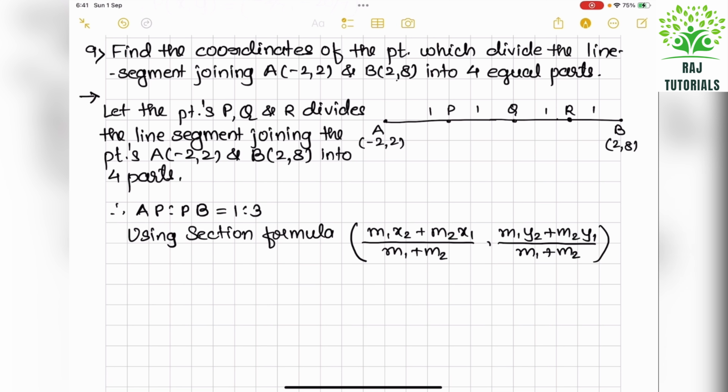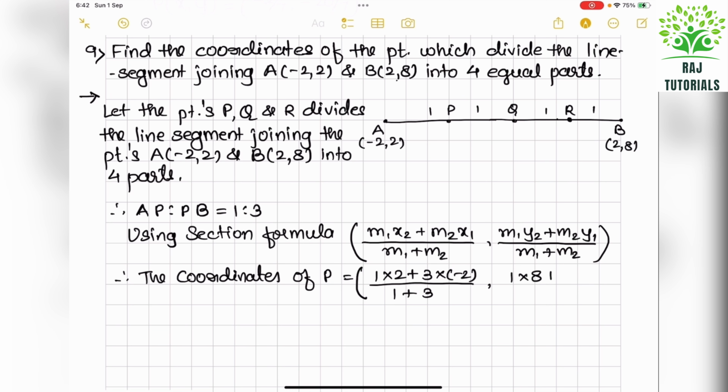So therefore the coordinates of P will be equal to (1 into 2 plus 3 into minus 2) upon (1 plus 3) comma (1 into 8 plus 3 into 2) by (1 plus 3). So that will be equal to minus 4 by 4 comma 14 by 4. So that will be (minus 1, 7 by 2).